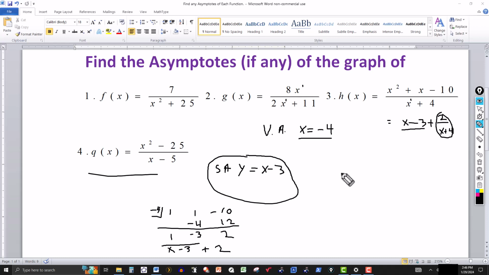The reason that works is similar: if I divide the numerator and denominator by the highest degree term, in this case x, it gives me an 8 on top, 2x divided by x is 2, and 11 divided by x is 11 over x. We want to know what happens to the graph as x goes to infinity or minus infinity. Well, this goes to 0, so I'm left with 8 over 2. That's why the equation of the horizontal asymptote for number 2 was 8 divided by 2, or 4.